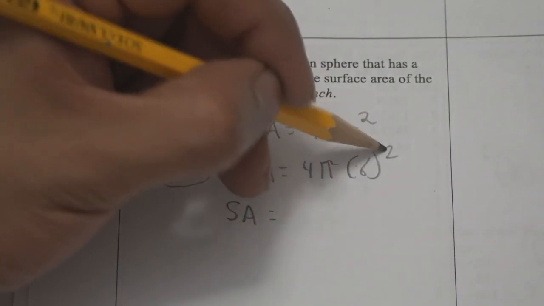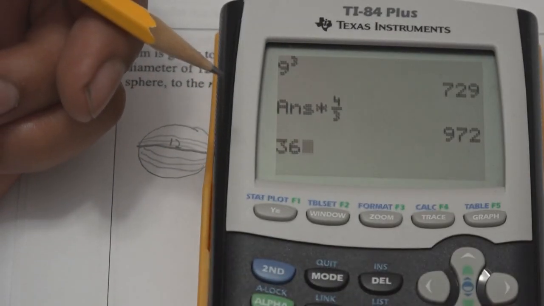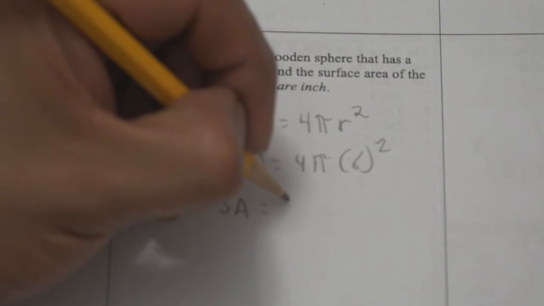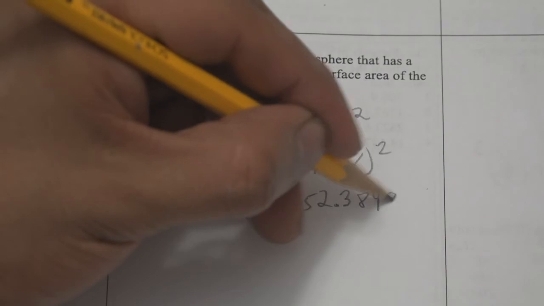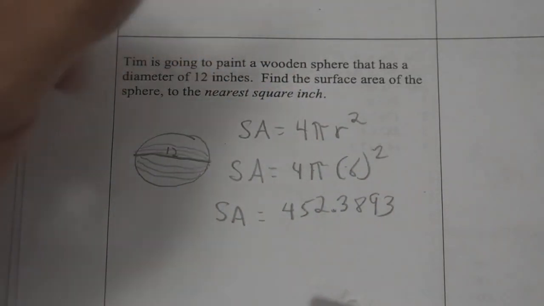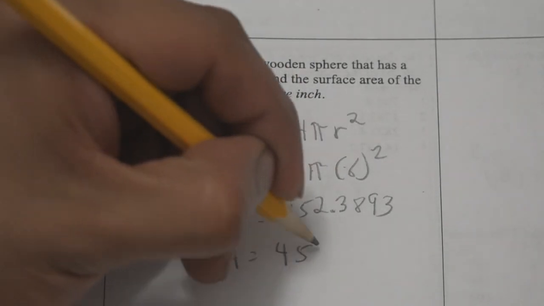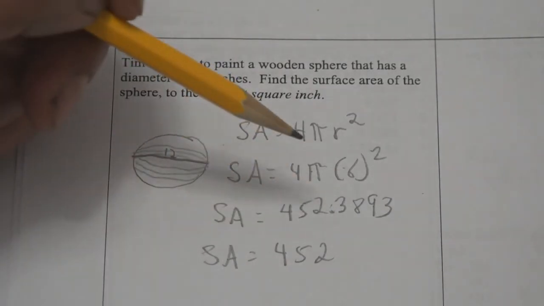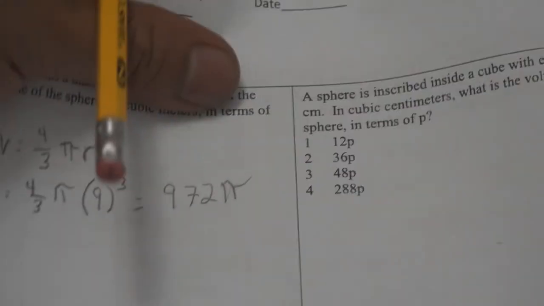This is 36 times 4 pi, which is 452.3893. They want the nearest square inch, so the surface area is 452. Then let's do the next problem.